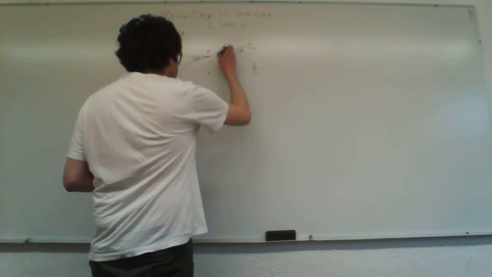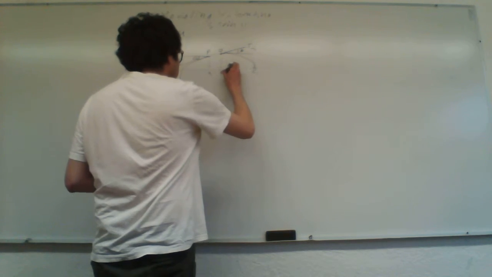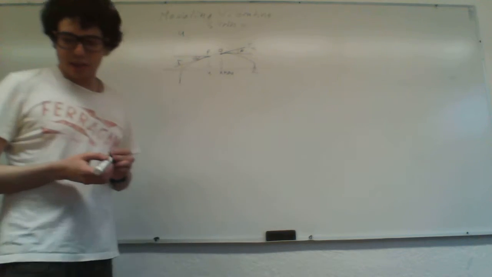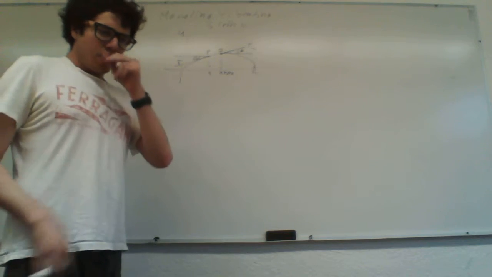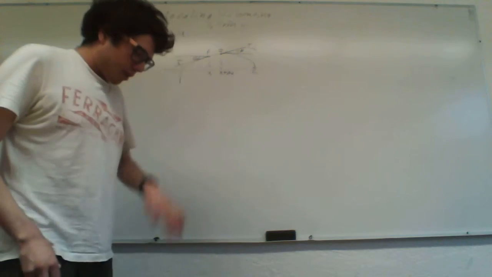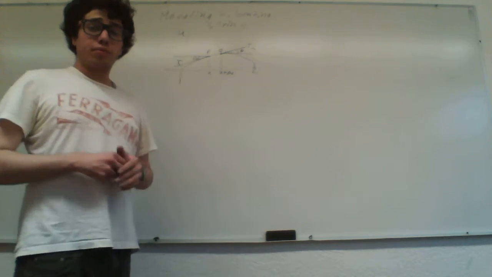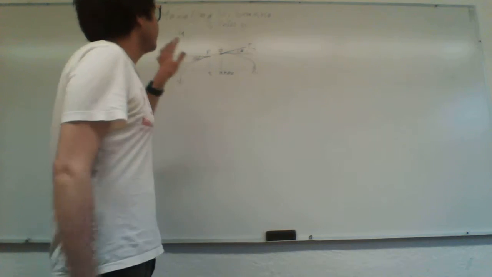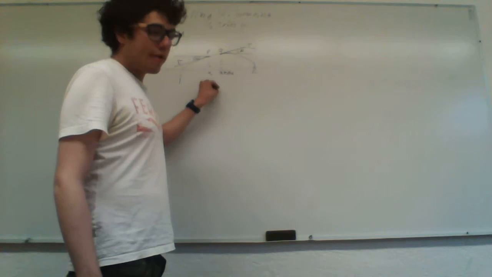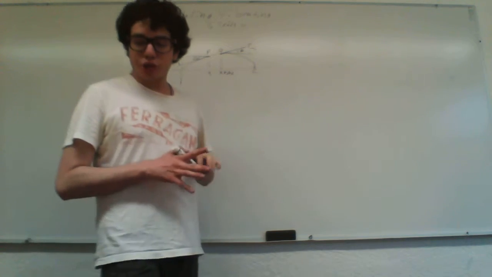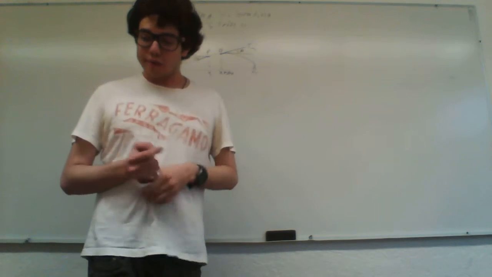This is x plus delta x. So we have two tensions at two endpoints in a small portion of the string.